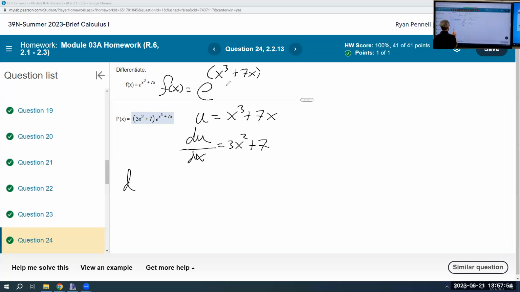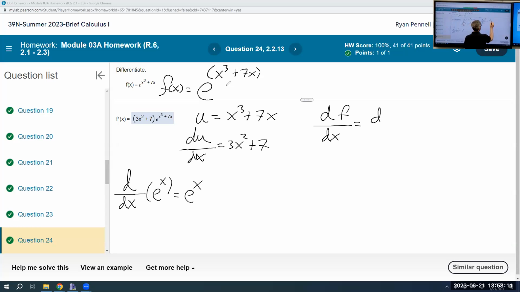And I know that d/dx of e to the x equals e to the x. So by chain rule, df/dx equals df/du times du/dx. Well, e to the u, derivative of that is just e to the u. So that's just what we had originally.